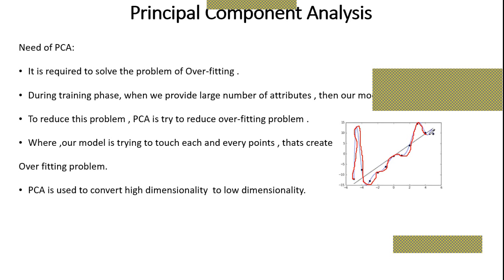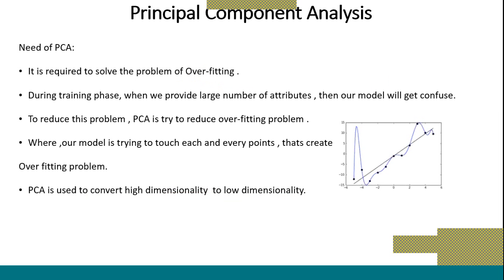So it creates a problem, and that problem is called the overfitting problem. So PCA is used to convert the high dimensional to the low dimensional data, so that your model will not get confused.